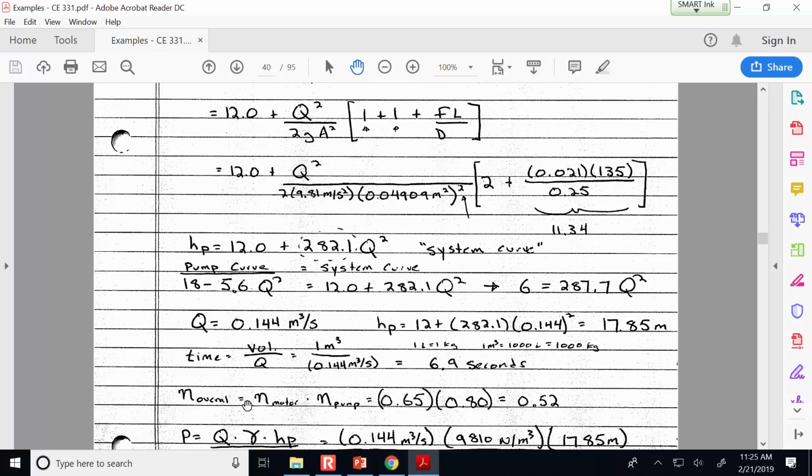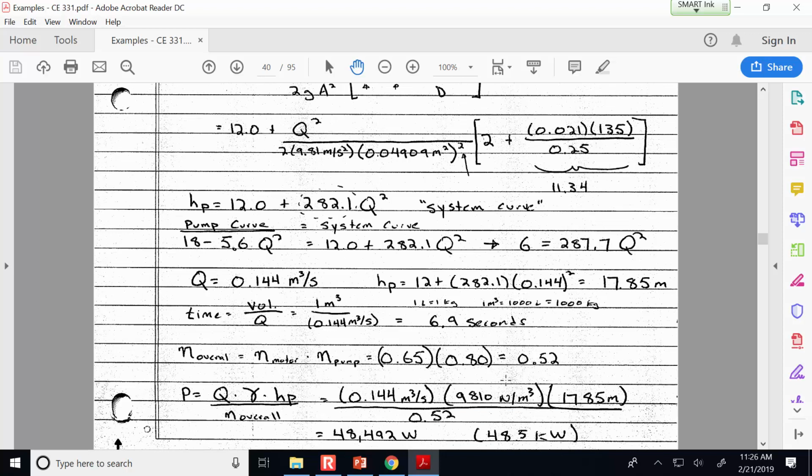So we come up with the composite efficiency. Both the motor has some losses and the pump has some losses, and so the composite efficiency is 0.52, meaning that for every 0.52 watts of power that actually gets added to the water, it requires 1 watt of electricity going into that motor.